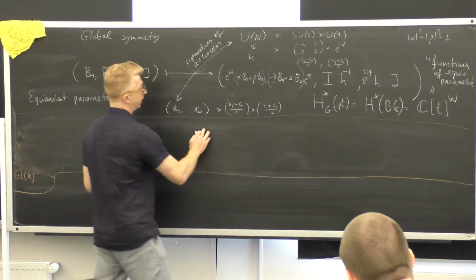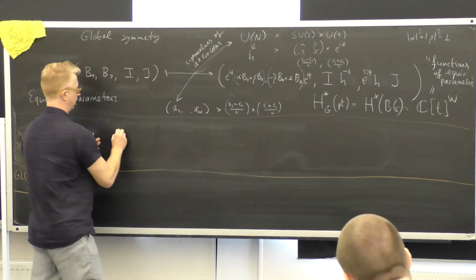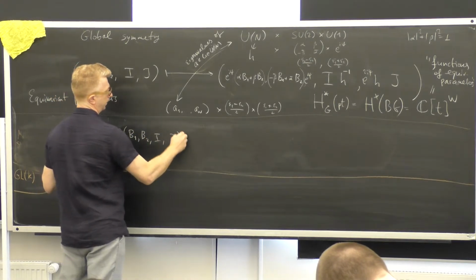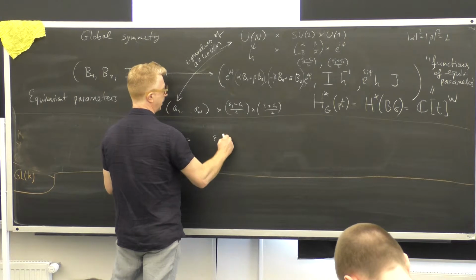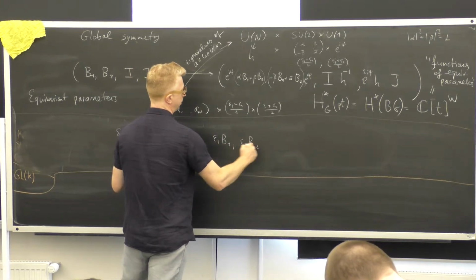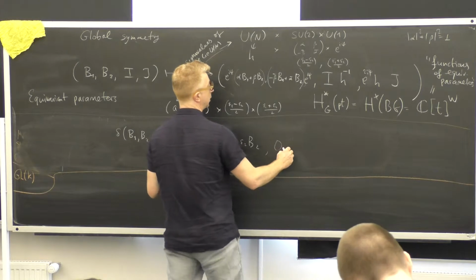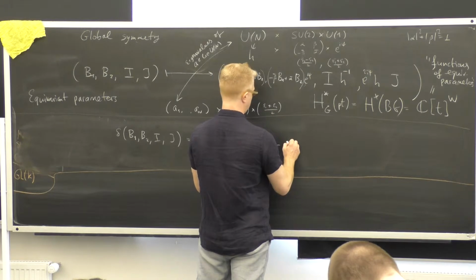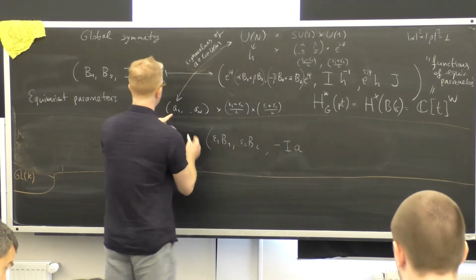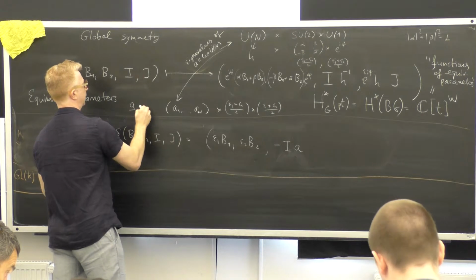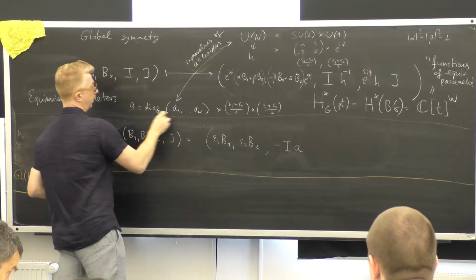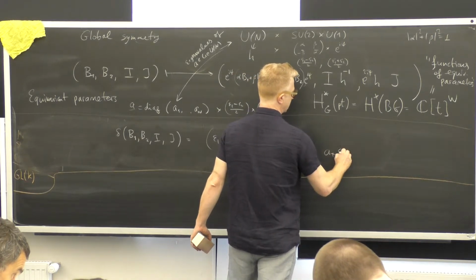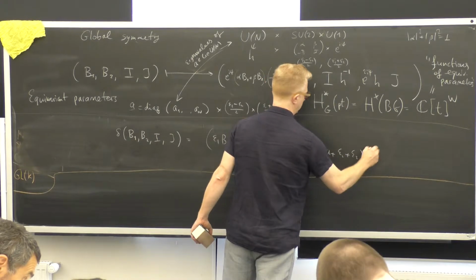So the infinitesimal transformations which they generate are epsilon 1 times B1, epsilon 2 times B2, 0, minus I times the diagonal matrix with eigenvalues A1 to AN, and then A plus epsilon 1 plus epsilon 2 times J.